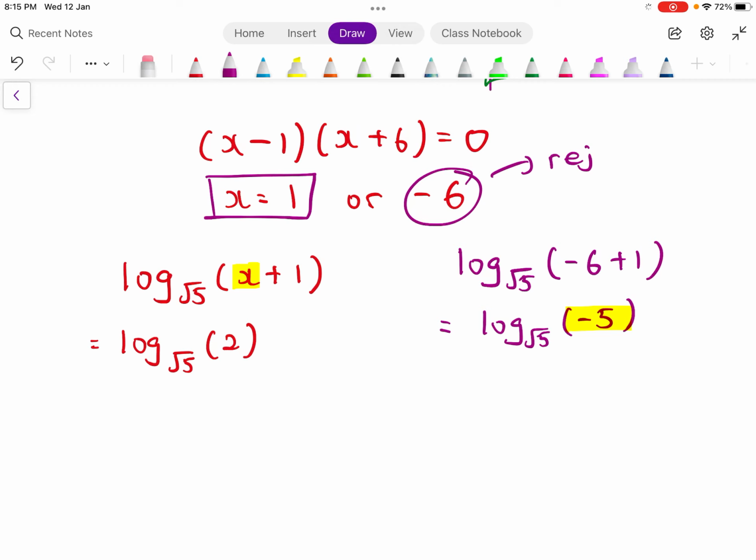So this one you need to be a bit careful: you cannot have a negative number inside the log. So this is question 7b.